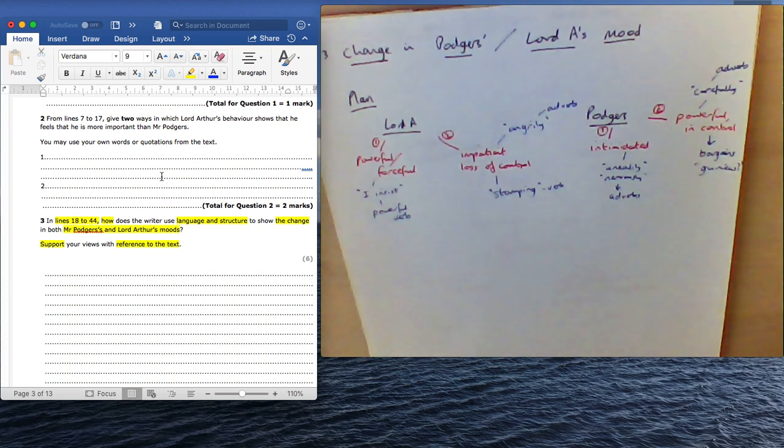You can almost see that I've rewritten the question. However, this question is only worth 6 marks and you're under a lot of pressure of time. Strictly speaking, you need to get your answer written in 6 minutes, or maybe 8 to 10 minutes tops, but no more than that.